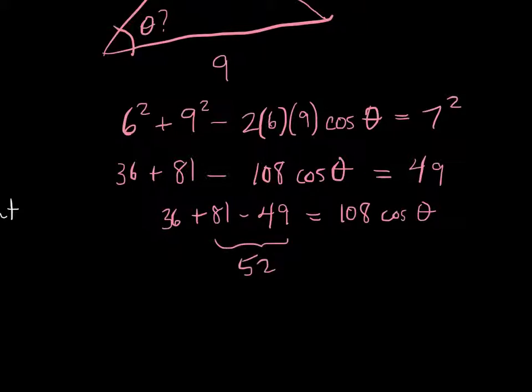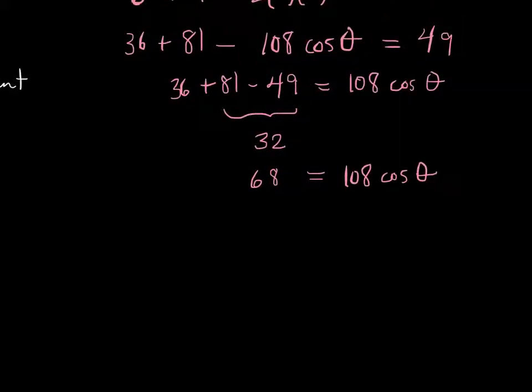Wait, not 52. What am I talking about? It's 32. This is 32. And then 32 plus 36 is 68. So 68 is 108 cosine theta. So in the end, cosine theta is 68 over 108, which is 17 over 27.